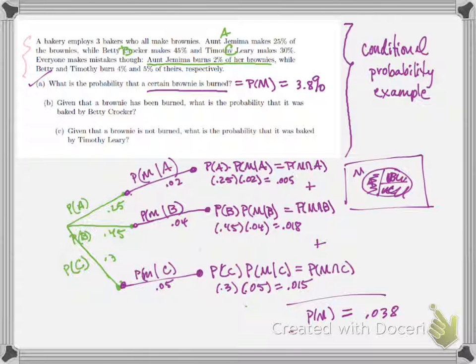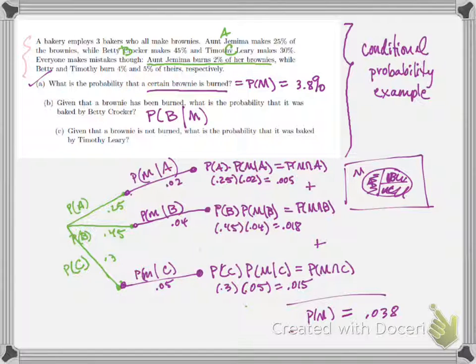All right, so what does B say? Given that a brownie has been burned, what is the probability that it was baked by Betty Crocker? So translate this first into symbolism. What is the probability that it was baked by Betty Crocker given that it was burned, or there was a mistake?